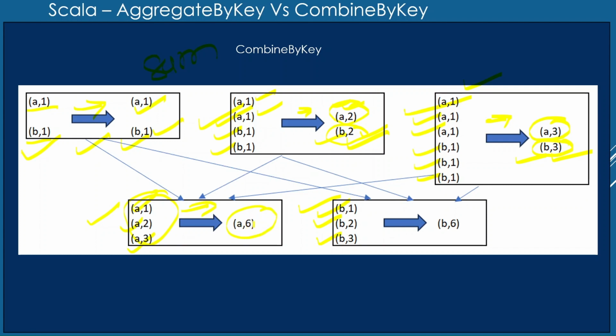A is the key, 6 is the total sum of the values present for that key. Same for B. So we have seen that combineByKey is very similar to reduceByKey. Any kind of aggregation first happens at the partition level, and then the shuffling happens at the very last stage.